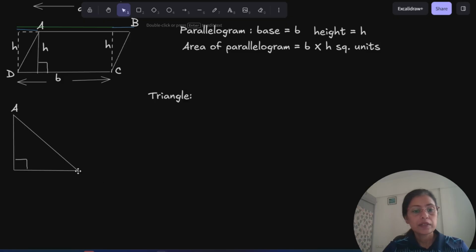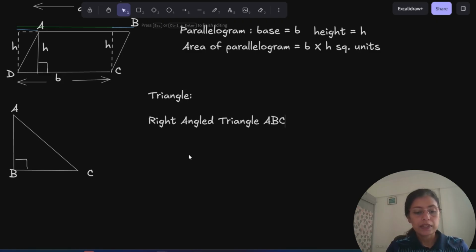And this is A, this is B, and this is C. Okay, so I took first here a right angled triangle. This is A, B, C. So what do we see here? Right now, we don't see anything.